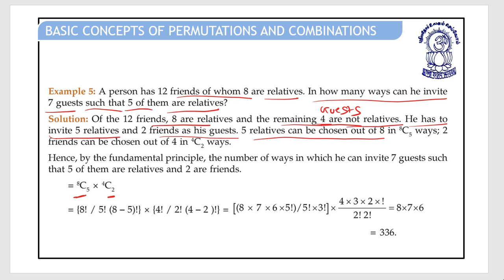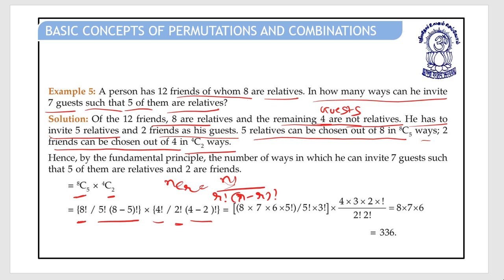So 5 relatives can be chosen out of 8 in 8C5 ways, and 2 friends can be chosen out of 4 in 4C2 ways. So put the formula. nCr is equal to n factorial upon r factorial into n minus r factorial. Okay. So 8 factorial upon 5 factorial, 8 minus 5 factorial, into 4 factorial upon 2 factorial, 4 minus 2 factorial. 8, 7, 6 into 5 factorial upon 5 factorial, 3 factorial, so 3 into 2 into 1. 5 factorial cancels, 3 times 2 cancels the 6.